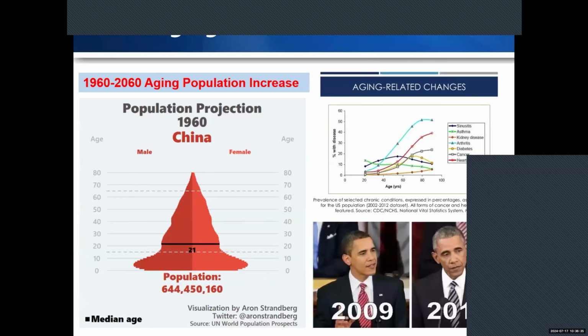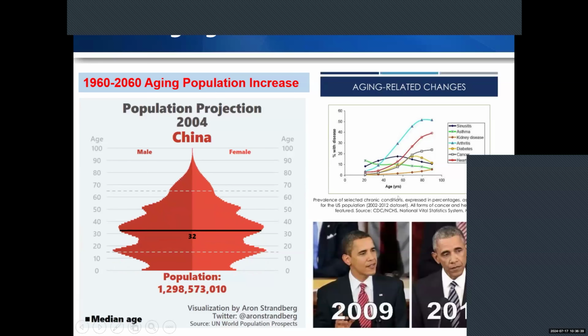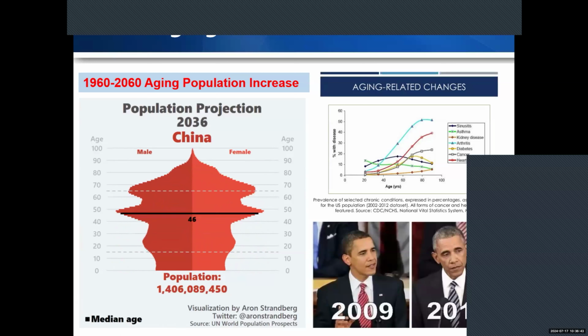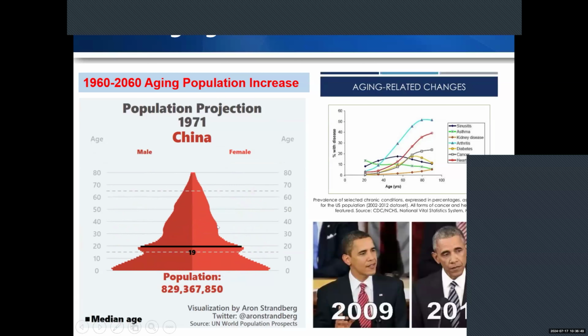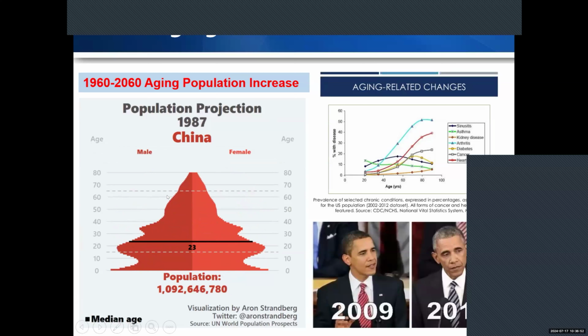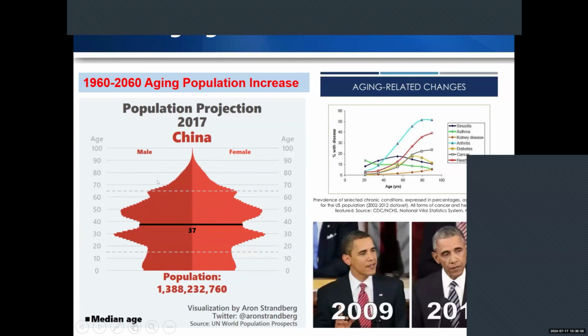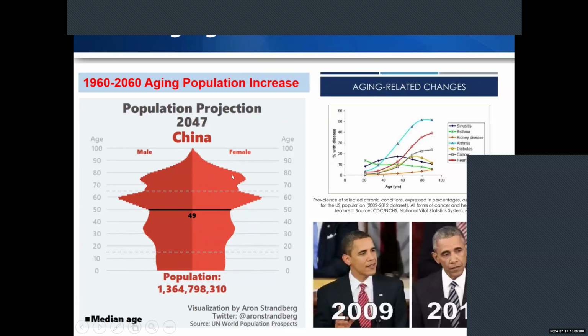So why are we studying brain aging and the related disease? The whole world is getting aged. Especially in China, the aging population has increased dramatically. The left panel is the projection from 1960 to the next 100 years, showing how the aging population increases dramatically, especially in China.